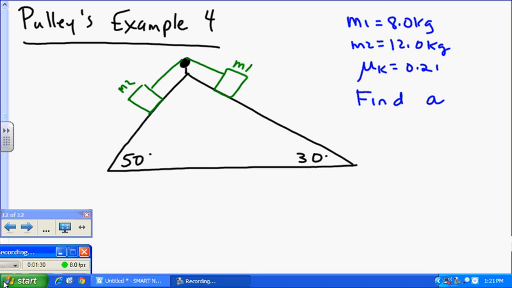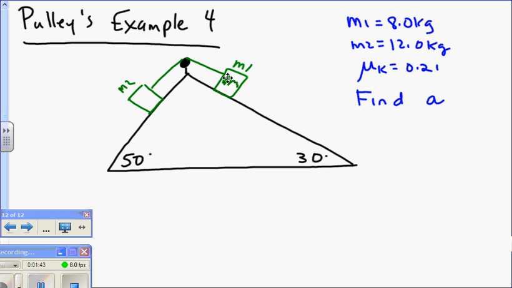But I'm not going to set us up for failure, and this one is actually fairly simple to figure out which way it's going to go. So if this system was free to move, you've got an 8 kilogram mass here, and you've got a 12 kilogram mass here, and you can probably imagine with the heavier mass and a steeper angle, it's going to move in this direction.